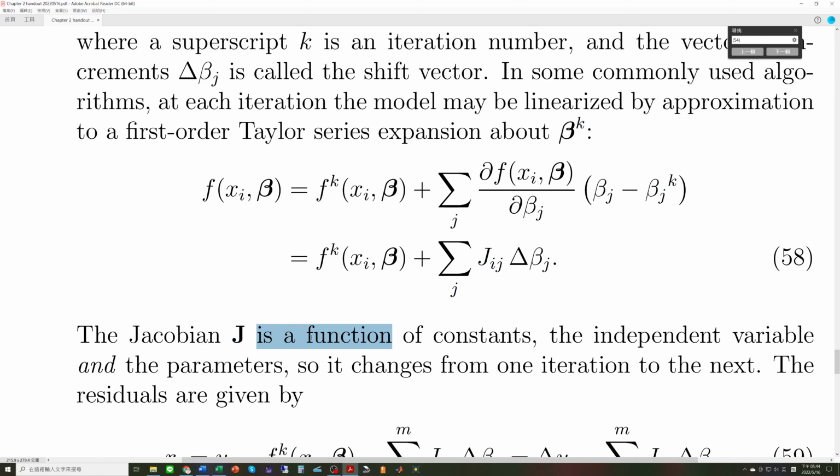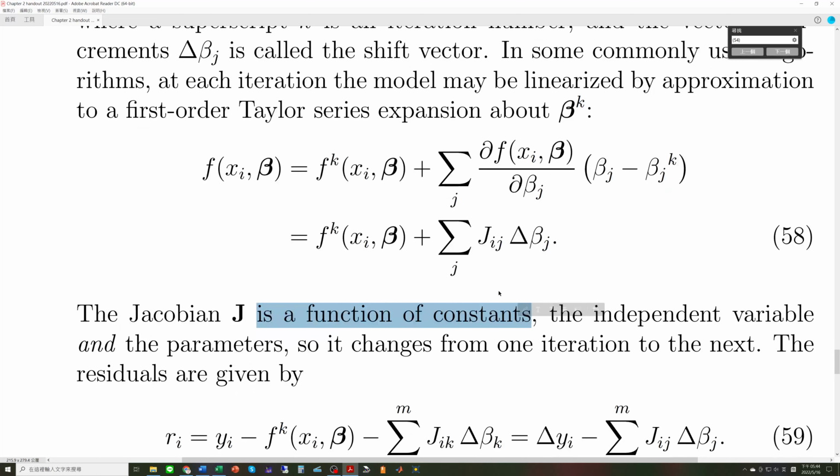It is a function of constants, because Jij depends on the independent variable xi and the parameters, that is the vector beta. So it changes from one iteration to the next.